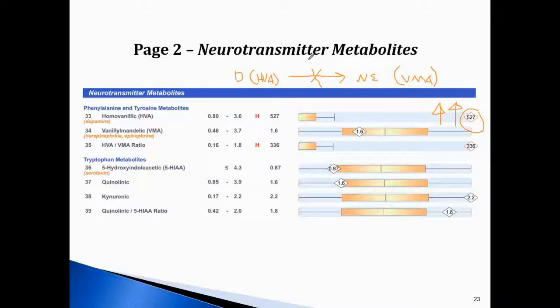It's also possible for people to have a polymorphism in that enzyme, which would weaken its ability. If you have both, it's a double whammy, unfortunately. When you block that enzyme, there's an increase in dopamine, and then eventually you get a spillover effect of an increase in HVA, which is what's happening here.